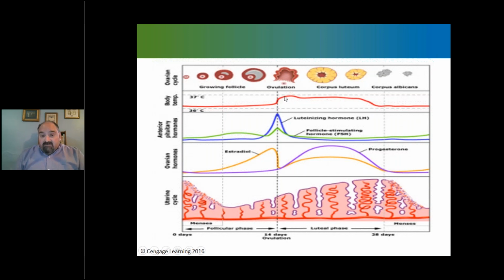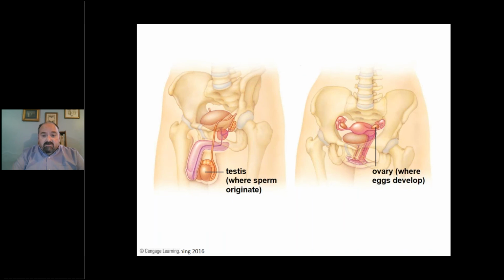If there's no fertilization of the egg that's released, then what happens? We have a drop in progesterone levels, which leads to the bleeding. And that's the beginning of the cycle, which is approximately 28 days. Again, we'll go over that at the end of the semester.